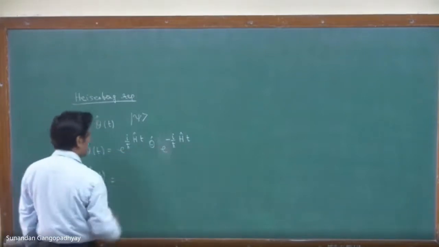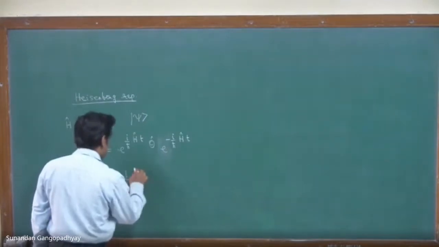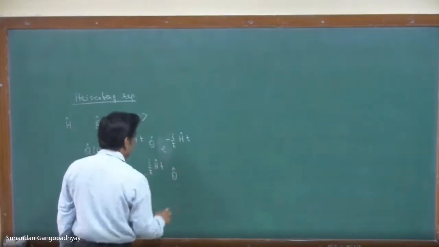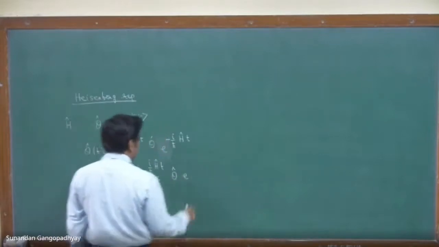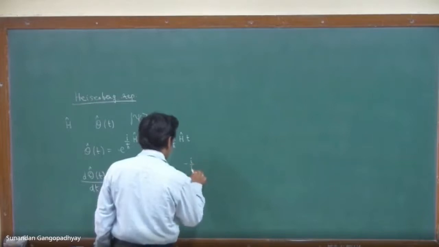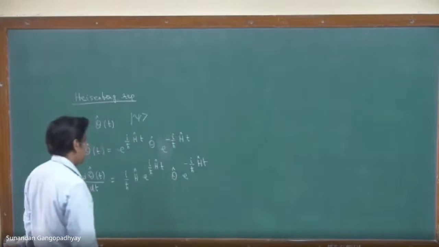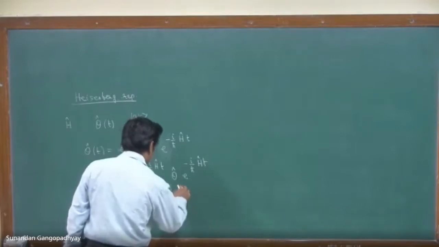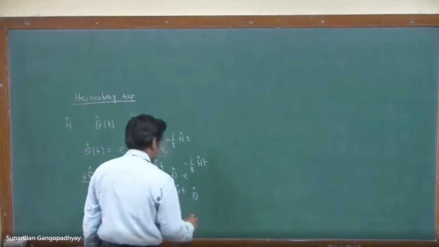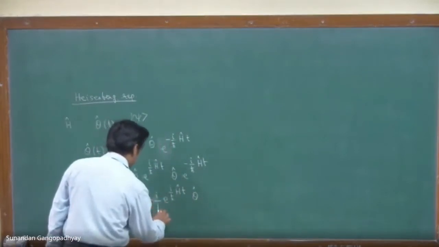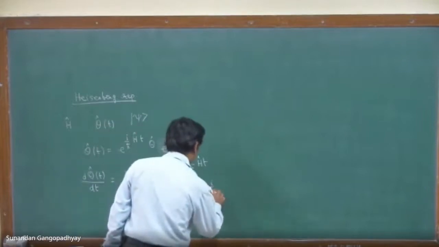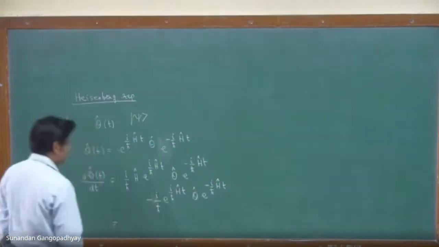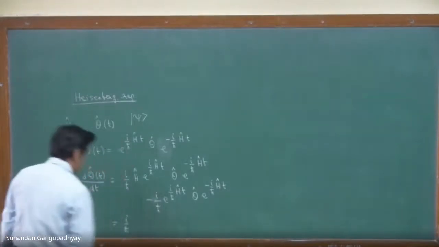So you just compute this, then you will get i by h bar H hat e to the power of i H hat t over h bar O hat e to the power of minus i H hat t over h bar, plus one more term with minus i by h bar.